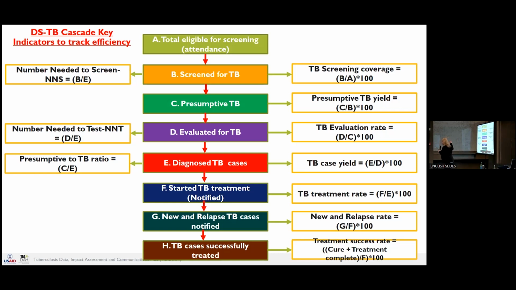And out of, say, these 20 missed, it can be a chance that out of those 20, we could have confirmed cases. And this is the gap, right? And of course, the gap in the number of people that actually started the treatment. And in the end, we have the new and relapse cases that were successfully cured.